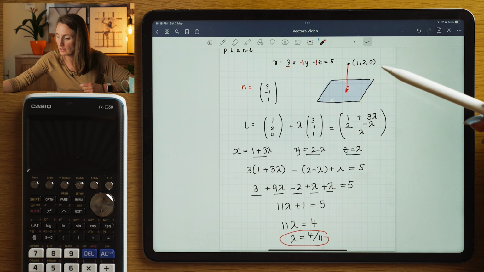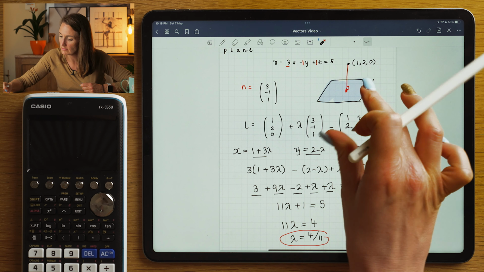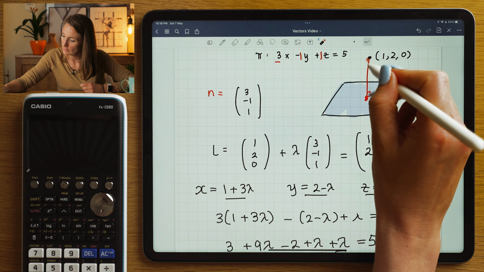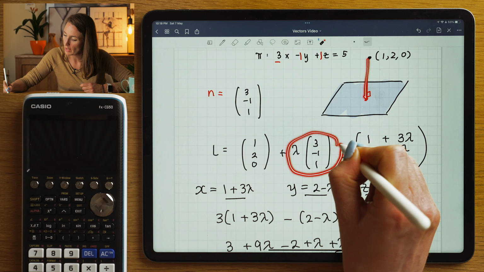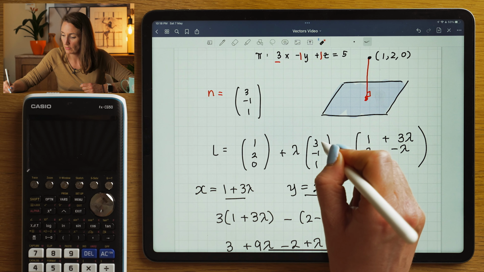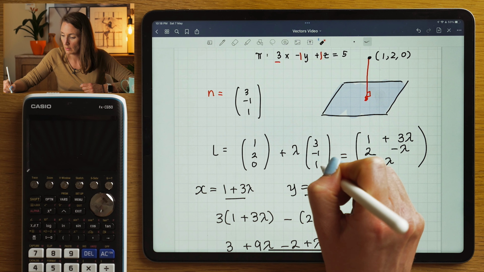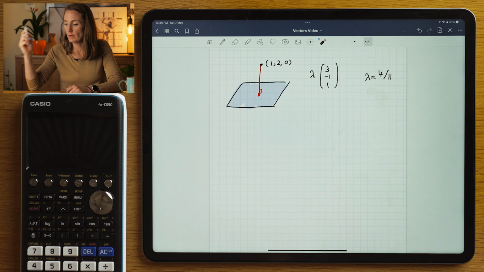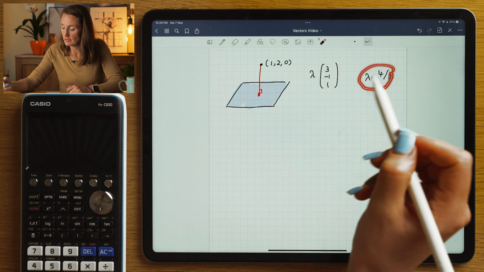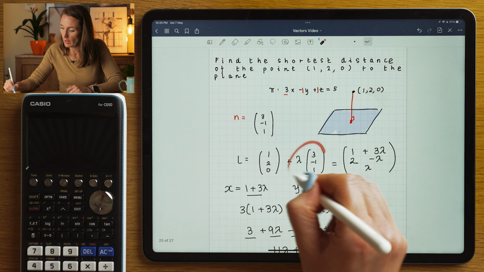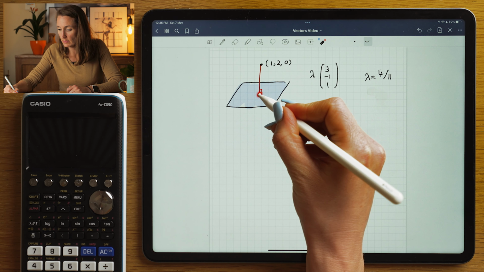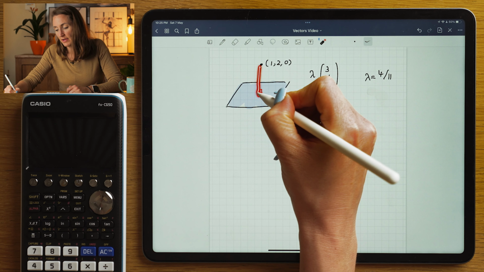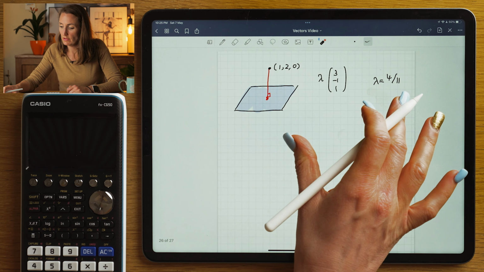What I'm personally going to do is I know that this vector here is equal to lambda times (3, -1, 1). So instead of subbing in lambda is equal to 4 over 11 into the line equation to find the point and then finding the distance between the points, I'm going to use a slightly faster method.